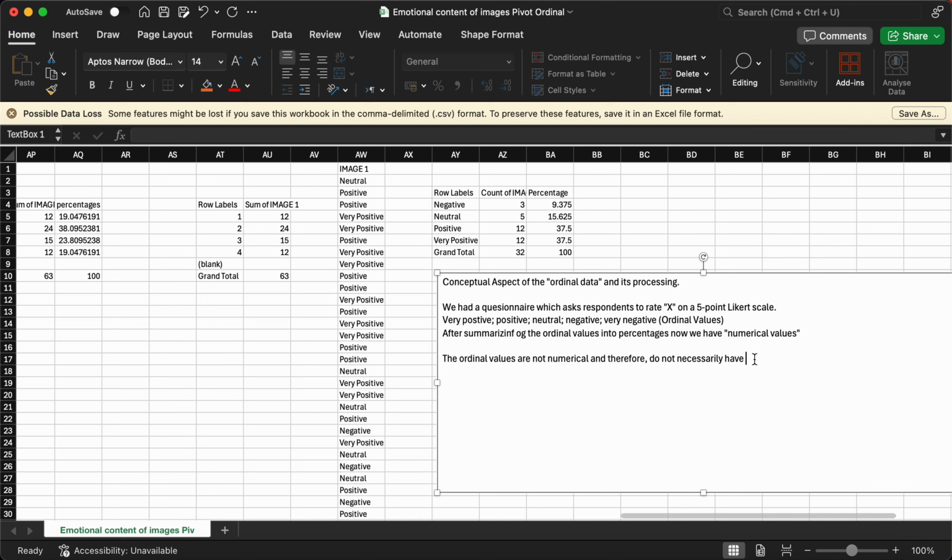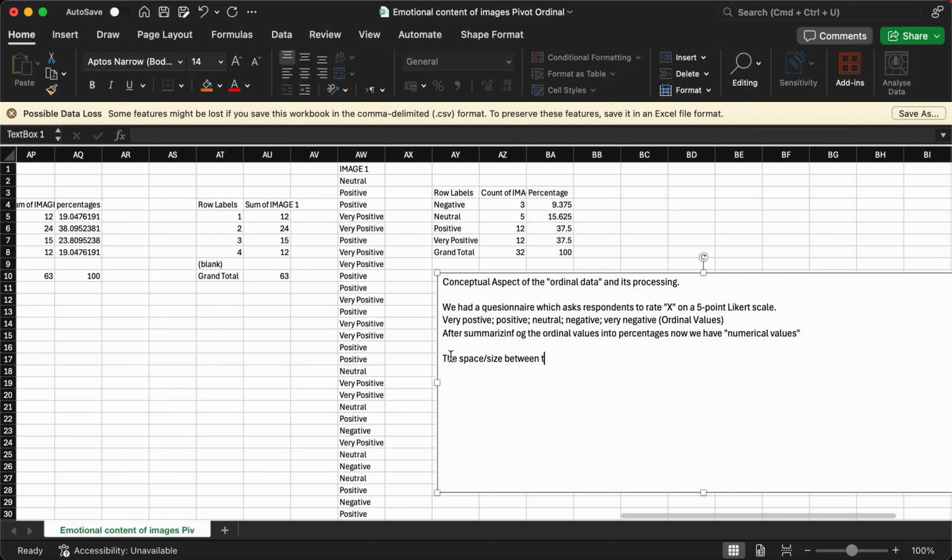So that's what I want to say. The space, or size, between them, because they are different. When you say ordinal, they are different. Neutral is different from positive. But how much different?